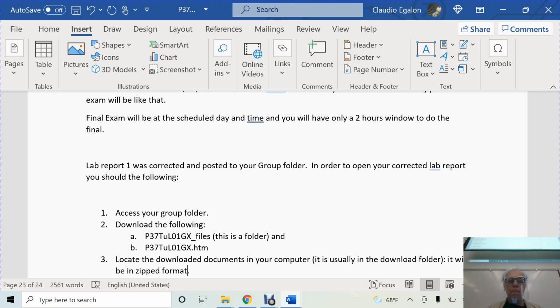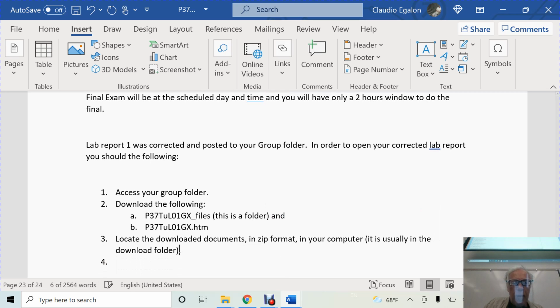Locate the downloaded document in zip format in your computer. It is usually downloaded to your download folder. In the cell phone, it's gonna be a little bit different, right?